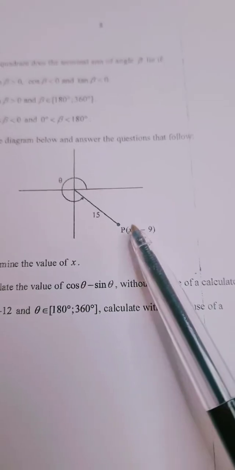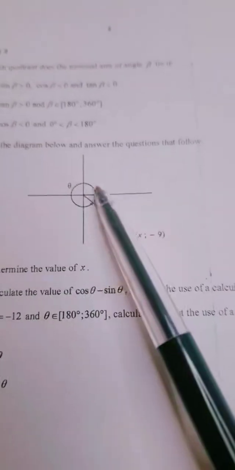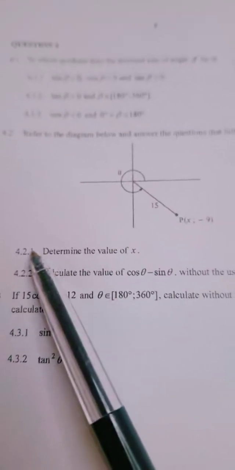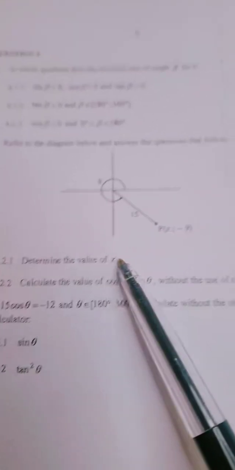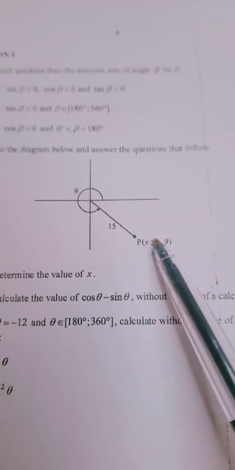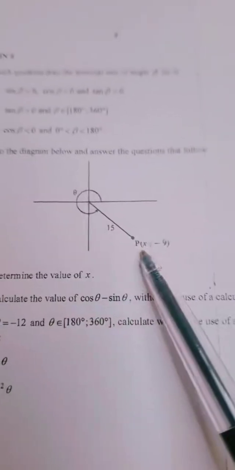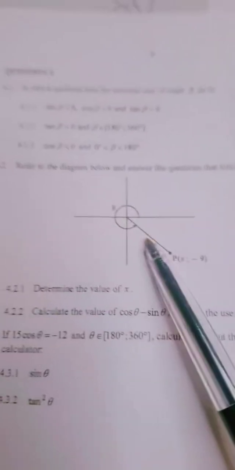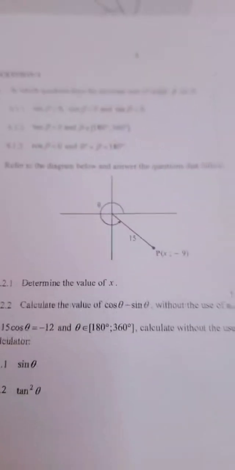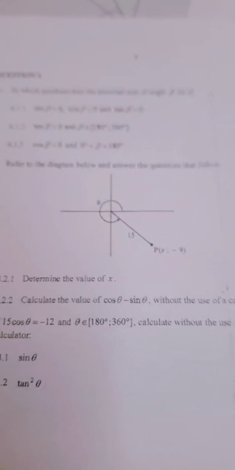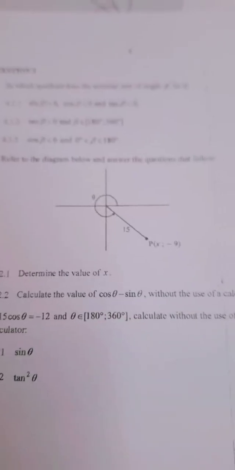We have P, which is x and -9, and then we have that angle. The question is 4.2.1, determine the value of x. Now x is x. So how do we go about finding the value of x? We should know exactly what we need to do to find the value of x.